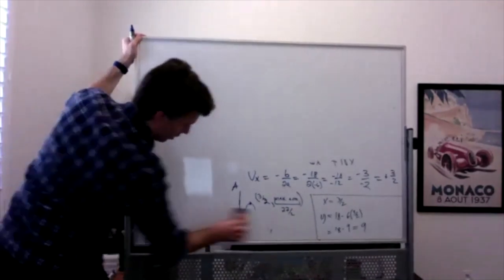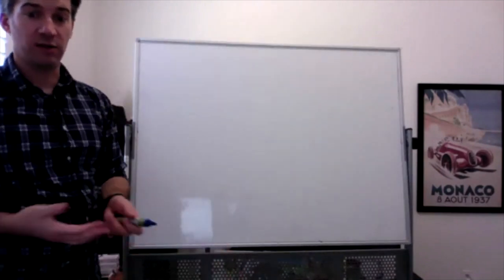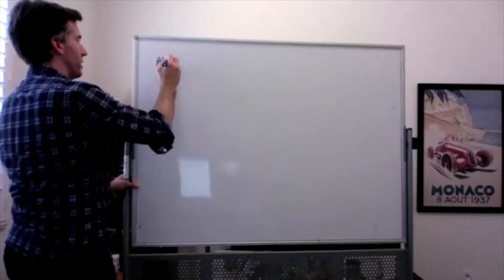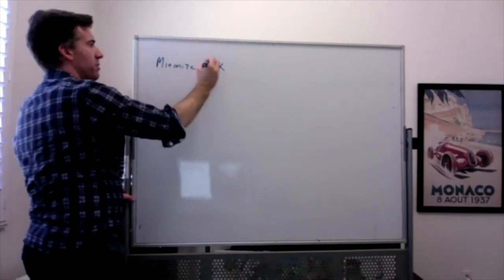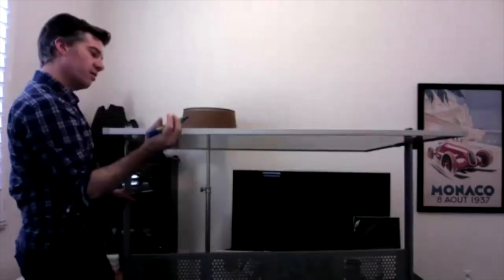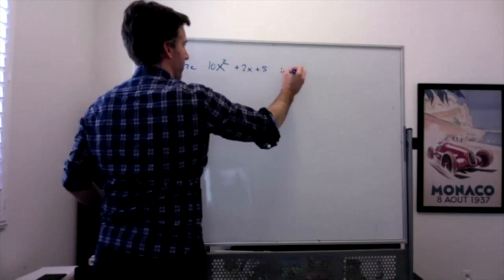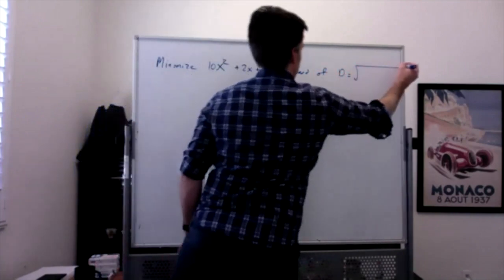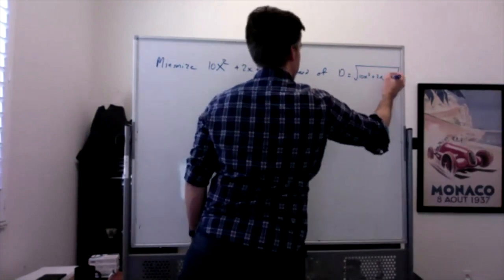So this is something that's actually always true. Instead of minimizing or maximizing a square root of a thing, you can always minimize or maximize just the thing inside the square root. So instead of minimizing the square root of 10x squared plus 2x plus 5, I'm going to say minimize 10x squared plus 2x plus 5.